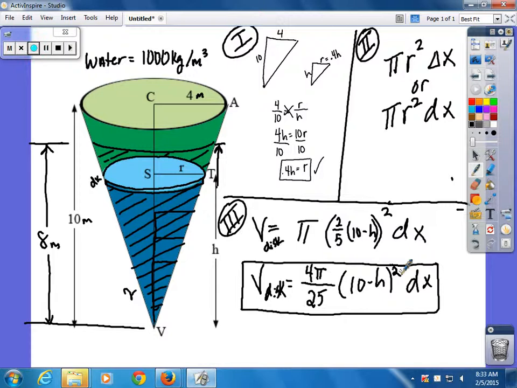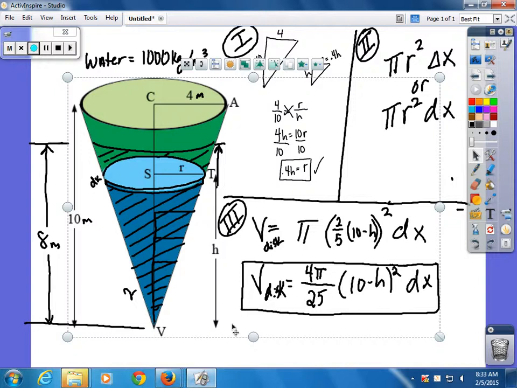Now, part 4, mass. That's the volume times the density, right? So that's pretty simple. So let's go to the next page, and I'm going to take this with us.